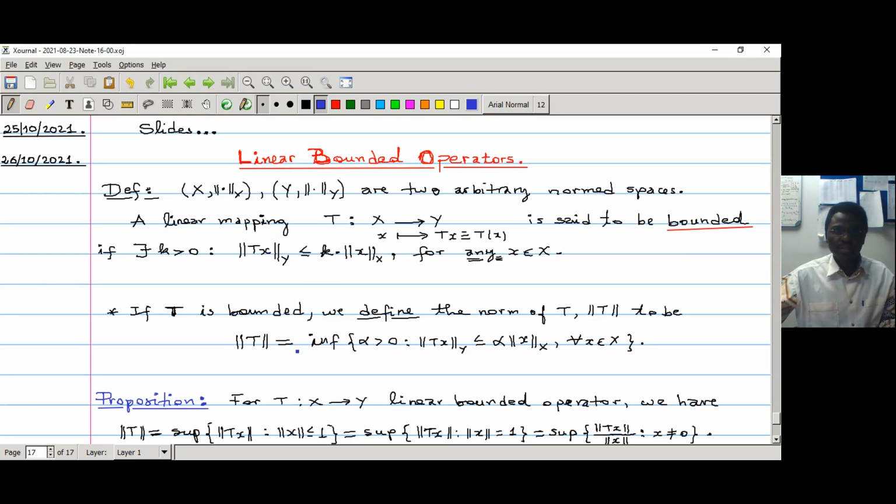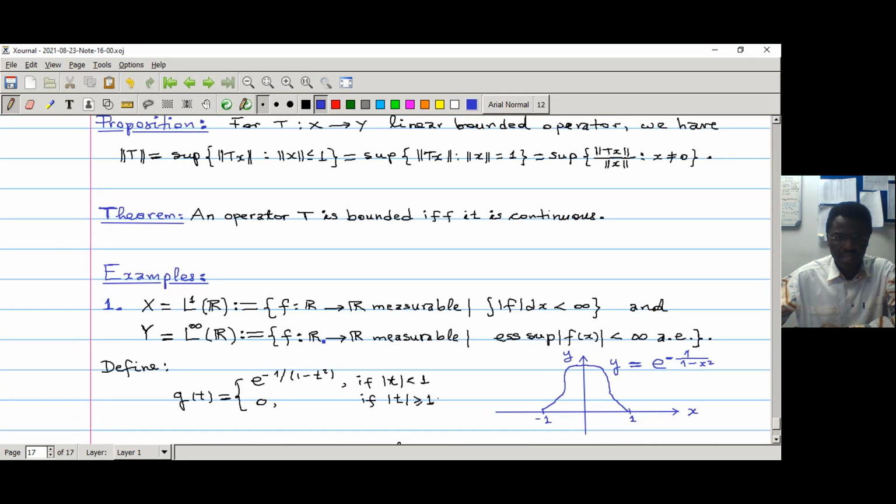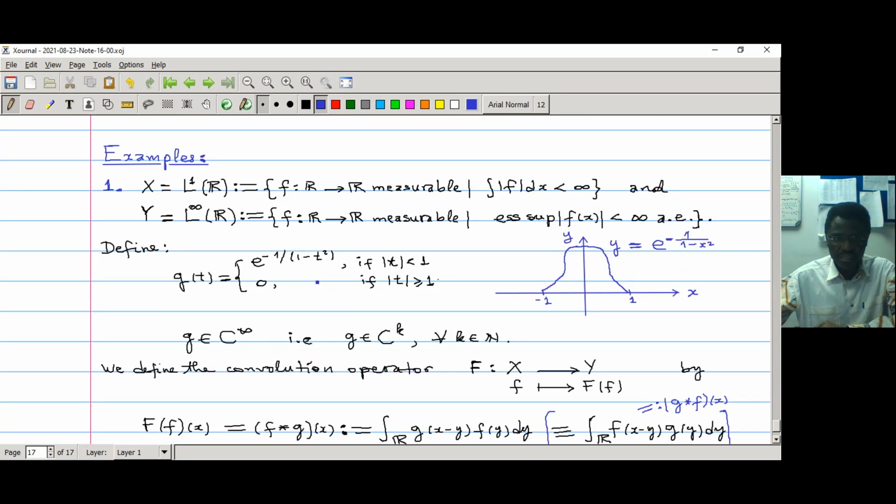It's still true because it's the infimum. So this is still true if you replace k with the norm of T. It's still correct. Okay, the proposition is there. This one, we'll do that in a separate video if necessary. Okay, so this is the example.